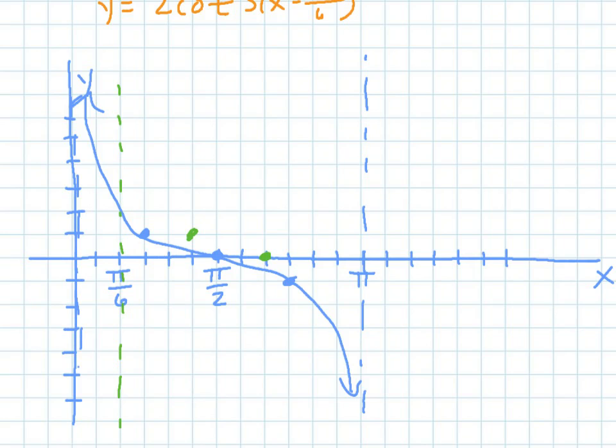And then our 3 pi over 4 value will be at 11 pi over 12. And then the one at pi should be at 7 pi over 6. So now your graph looks like that. Okay?